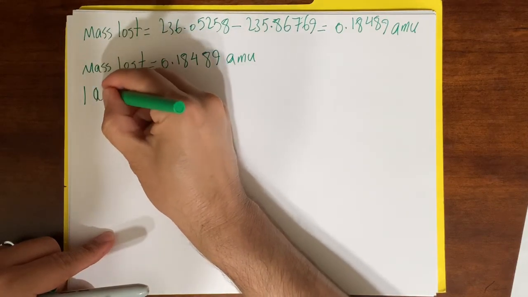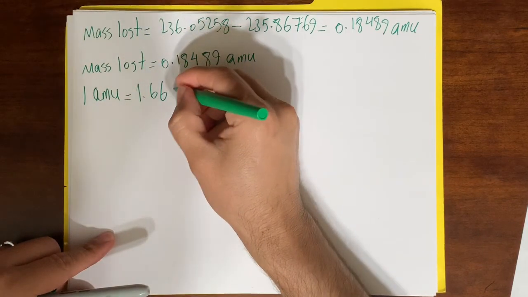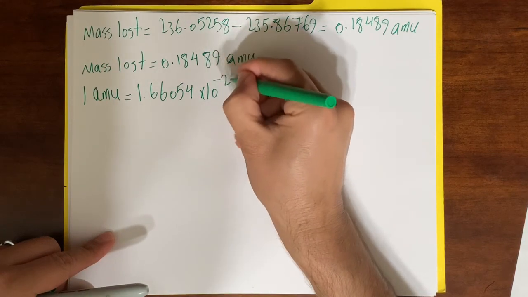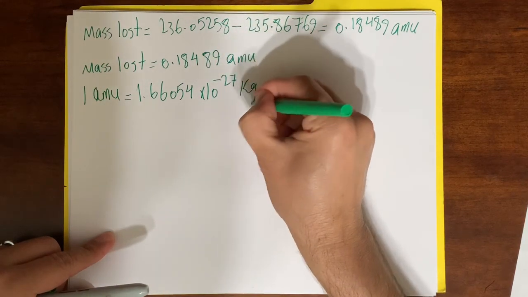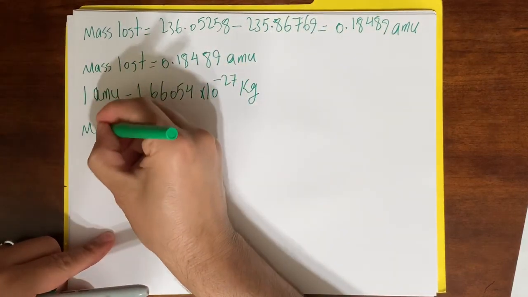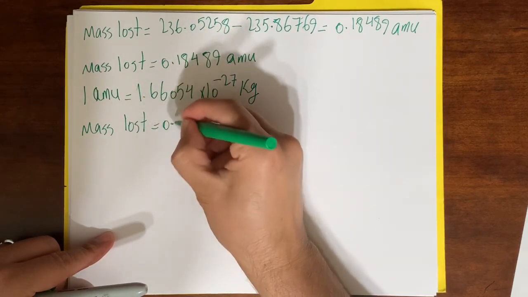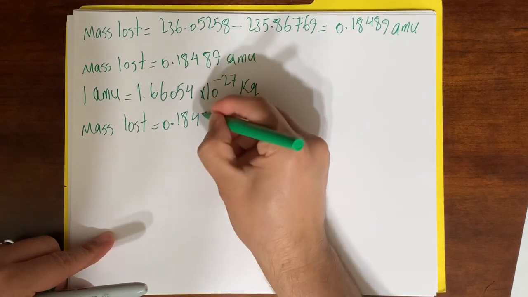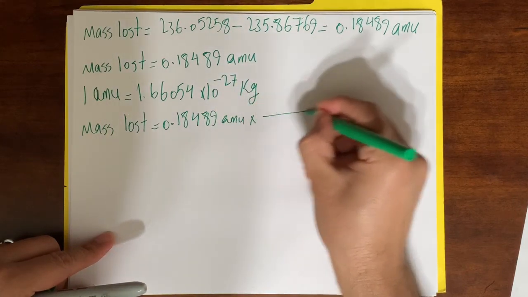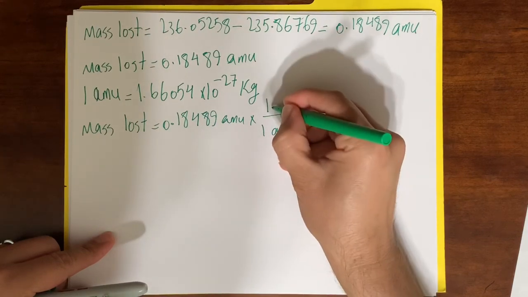One atomic mass unit is equal to 1.66054 multiplied 10 to the power of minus 27 kilogram. So I will say mass loss, you go with the difference, multiply the ratio between atomic mass unit and kilogram.